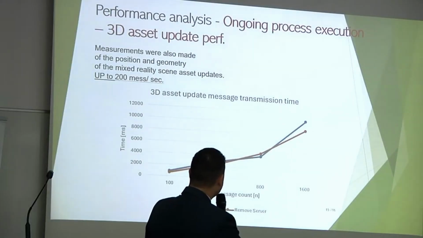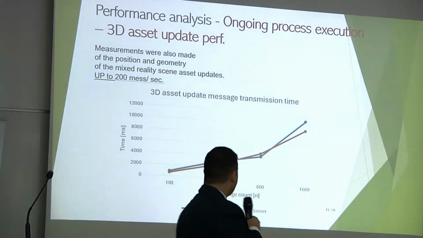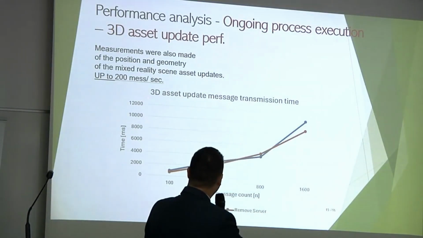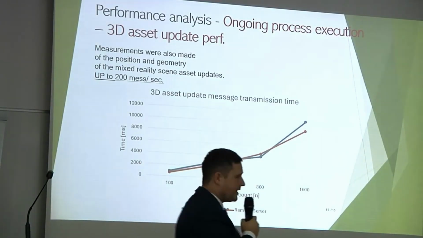The last measurement I want to present is the performance of asset update. So this affine transformation, how long it takes, and we measure the message count. For example, 100 updates take about 1 second, and if we're talking about 400 updates, it takes 2 seconds.